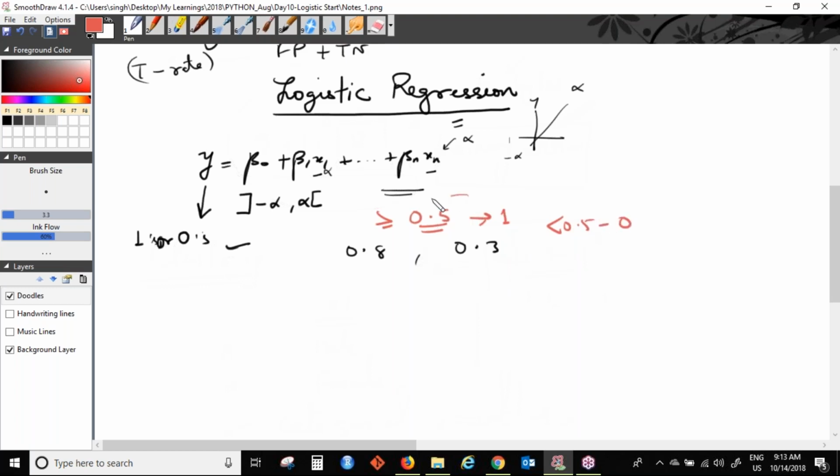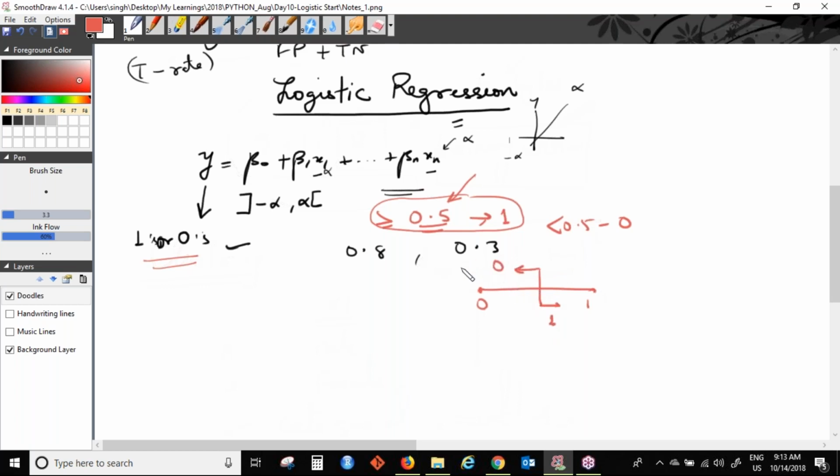So if we get a number between 0 and 1, or a probability, I can easily convert it to ones and zeros by applying a threshold. Threshold means you have probabilities from 0 to 1, you put a threshold somewhere in the middle, and you say whatever is below this is 0, whatever is above this is 1. So that we can do.